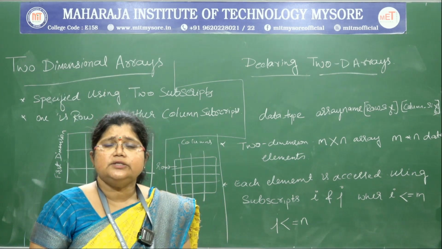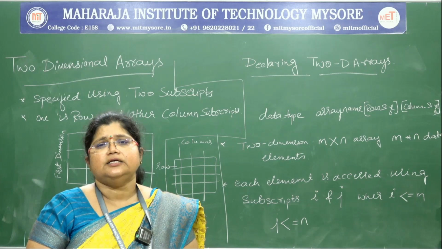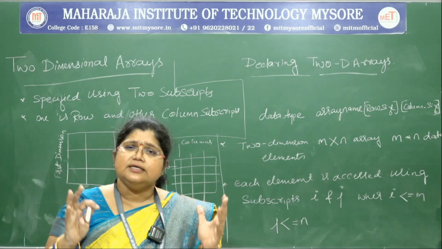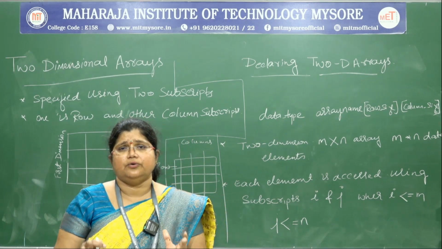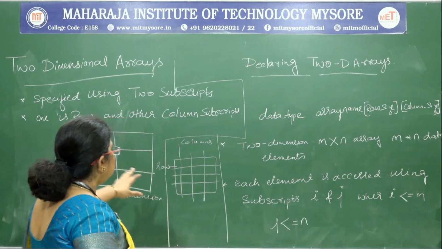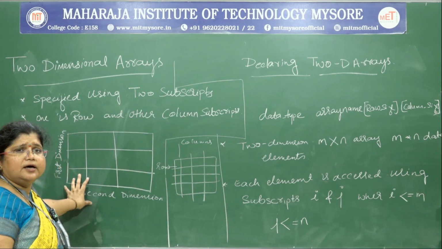A two dimensional array is also a collection of similar data items, but in the form of rows and columns. That is what we call a two dimensional array.